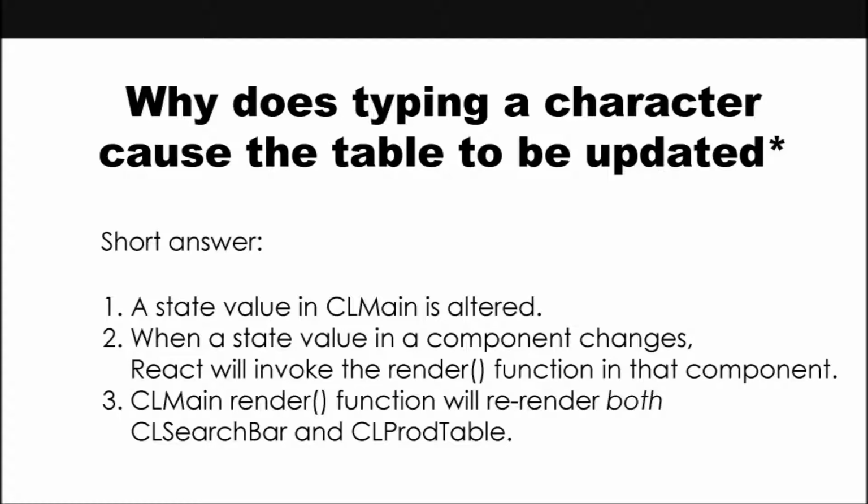And the rules are, if a state field changes, then the render method of that React component will get invoked. And what happens if we re-invoke the render method of CL_main? Item number 3, both the CL search bar and CL prod table React components will be re-rendered. So now we can see why typing a single character into the field causes both the search bar and, more visually obvious, the table to change.